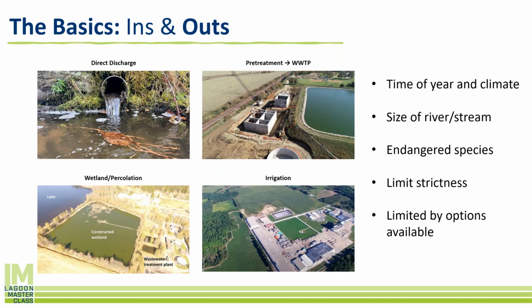It also may be dependent on the size of the river or stream, or even presence of a river or stream. If there's not one nearby, or it's just a trickle, or there's endangered species in that river or stream, direct discharge might not be an option, and wetland percolation or irrigation might make more sense for that particular municipality.